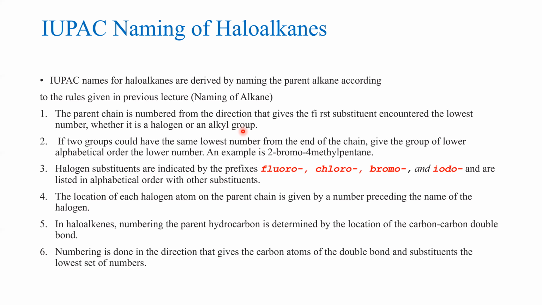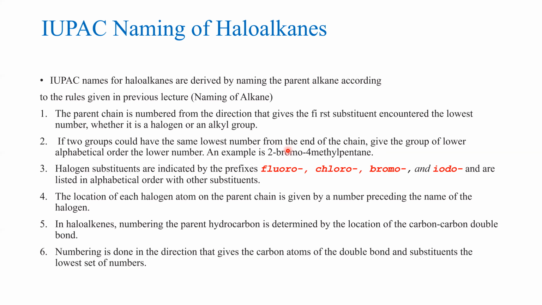So the first thing is that you have to identify the longest chain containing the alkyl group or the branching, and you will start numbering from that carbon to assign the lowest number, or the highest priority, to that one. The second rule is, if two groups have the same lowest number from the end of the chain, give the group of lower alphabetical order the lower number. So lower number and lower alphabetical order means the higher priority, which comes first, right?